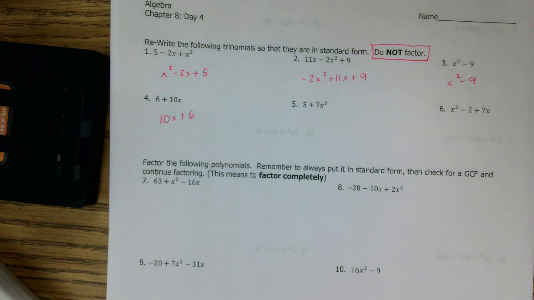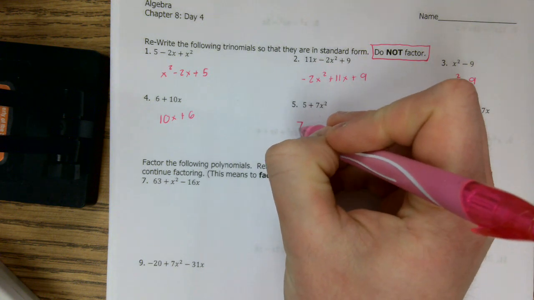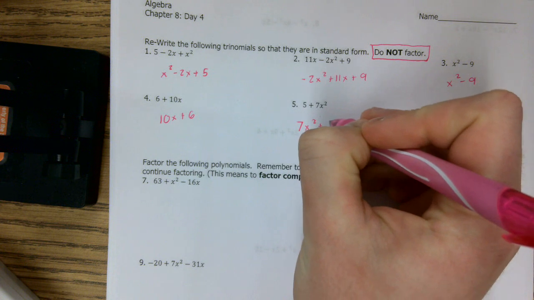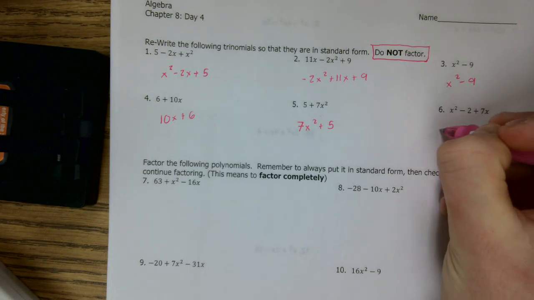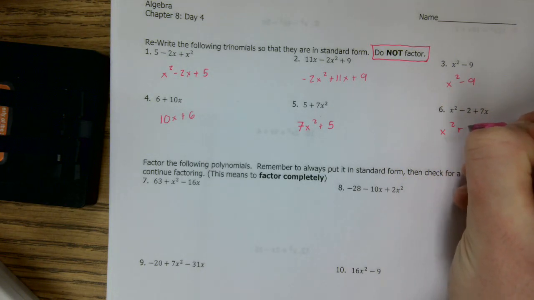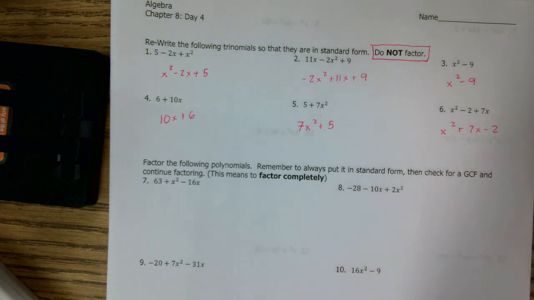Number 5, we have 7x squared plus 5, so we're going to rewrite it as 7x squared plus the value of 5. And then for number 6, we're going to have x squared plus 7x minus 2.